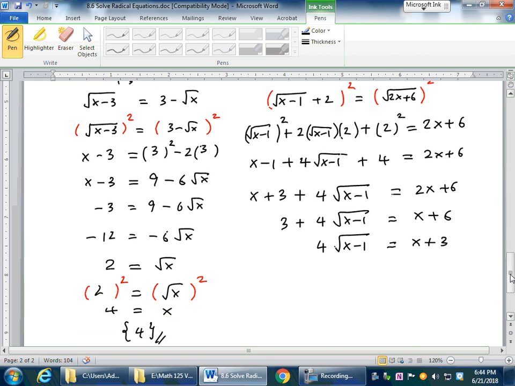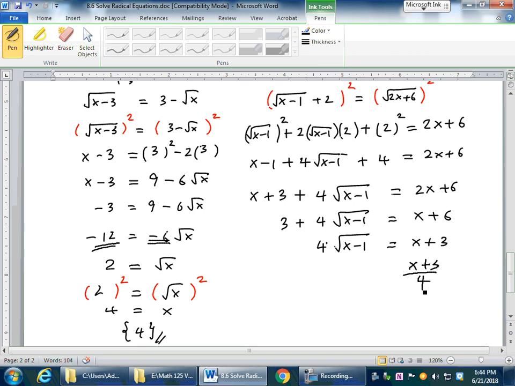Now, unlike the previous example, notice that the coefficients negative 6 and negative 12 were divisible. But in this example, when we divide by 4 on both sides, it will end up in fractions on the right hand side, something like this.